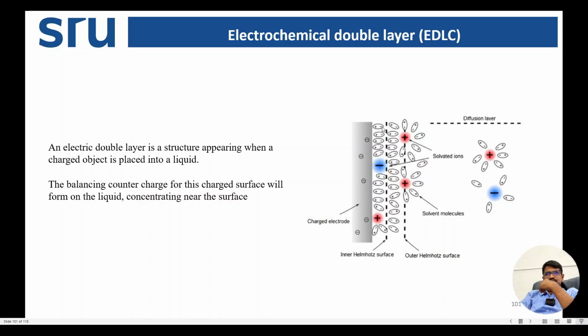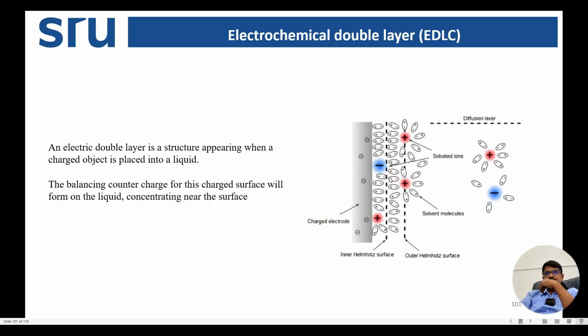These negative charges attract positive charges, which are in turn surrounded by negative ones, likewise.